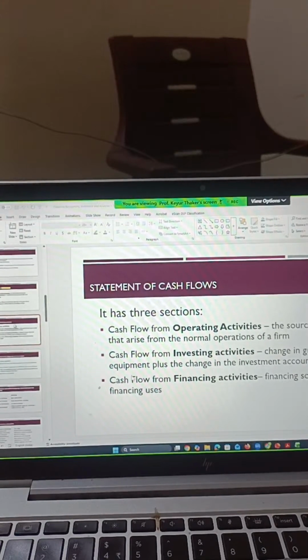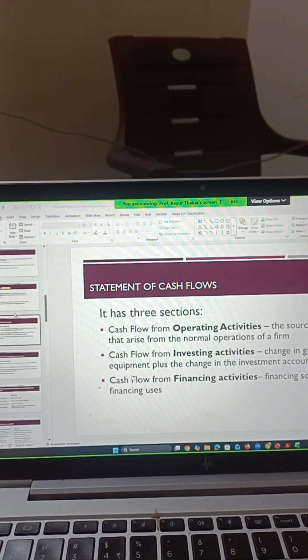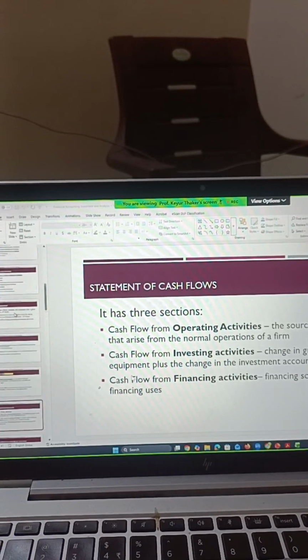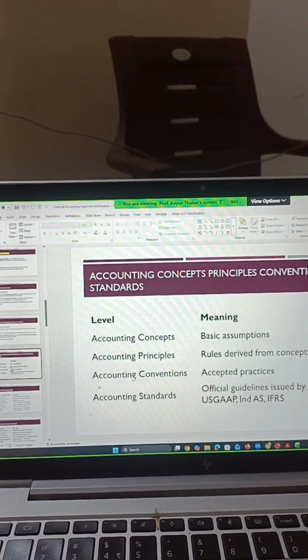Now, once you have understood three cash flow statement, let us try to analyze the financial statement. How can we perform the analysis of the financial statement? Before that, I'll just run through some of the concepts of finance. So when we prepare the accounts, we don't prepare based on the logic that we have in our mind.